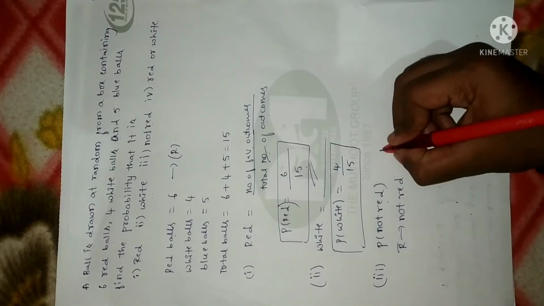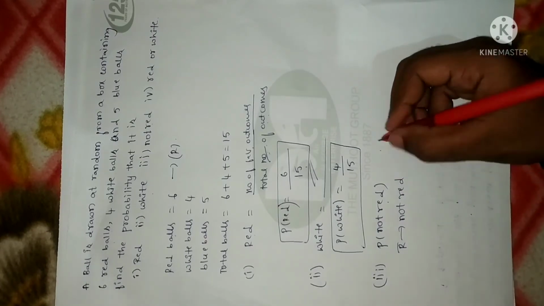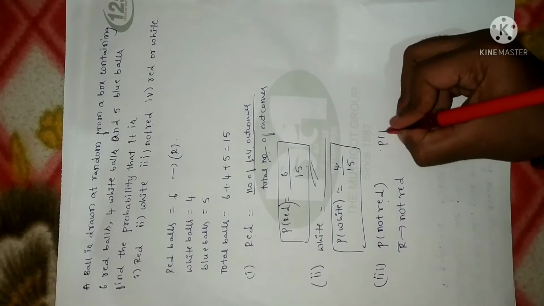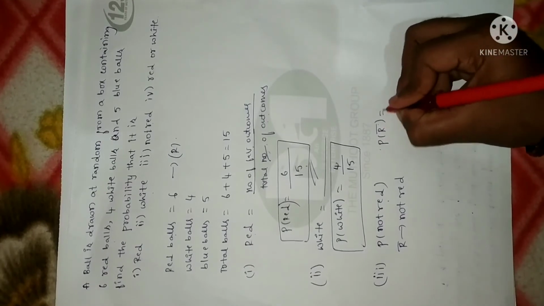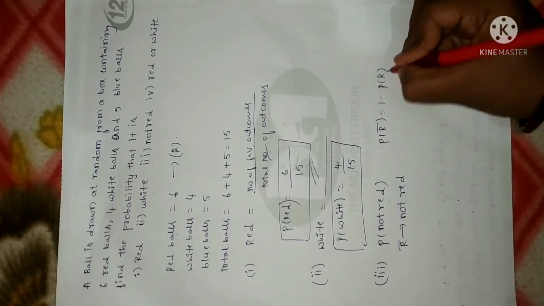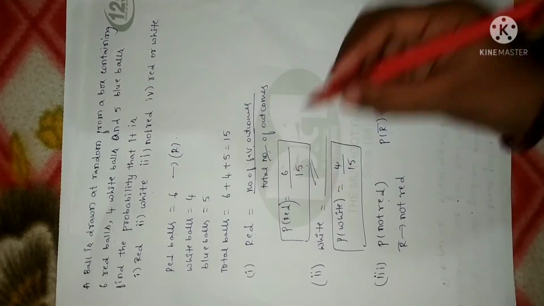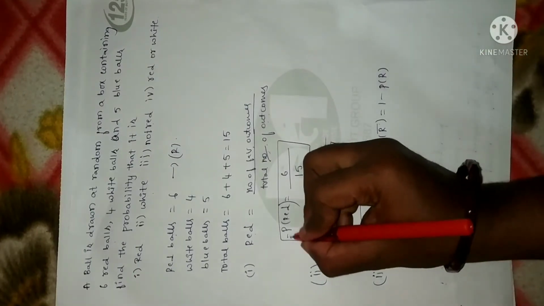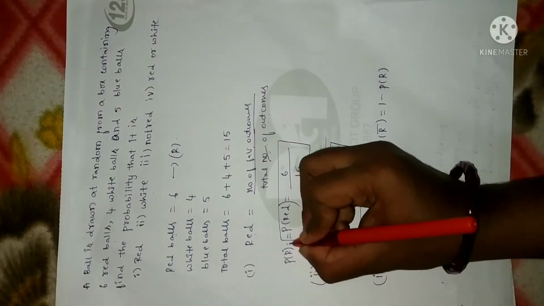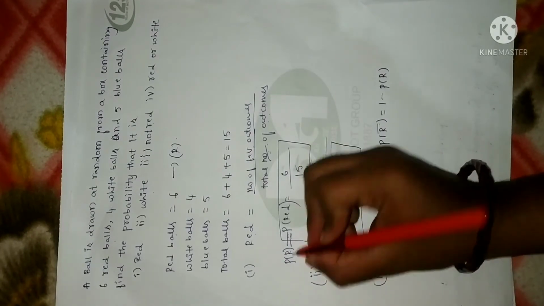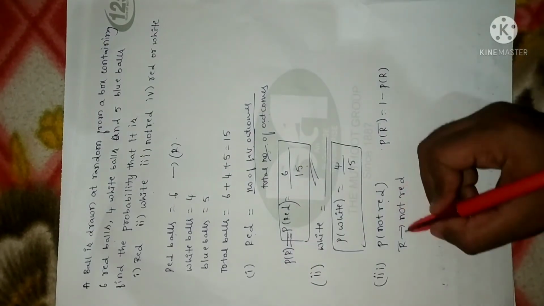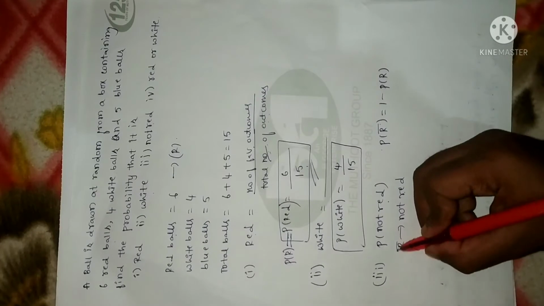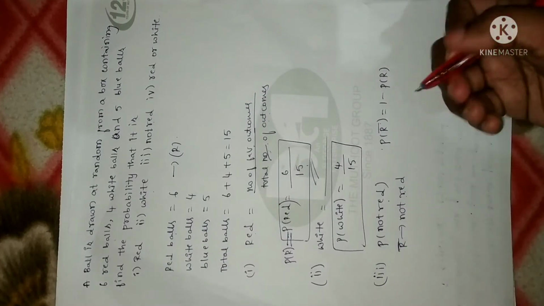So I have already given a relation connecting an event and its complement. We know that probability of R bar is equal to 1 minus probability of R. Why? Because we have already calculated the probability of a red ball. So let me take this as probability of R. Clear? What I have taken is red ball as R. So since not red in the sense it is not red, R bar represents not red, R represents red, right?